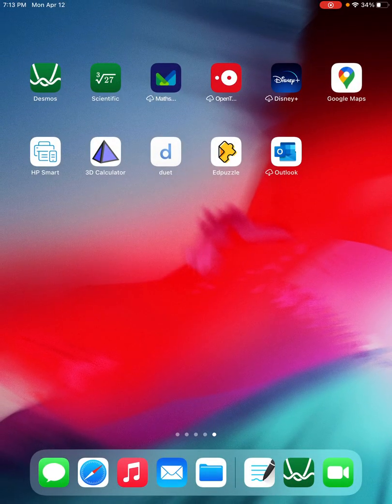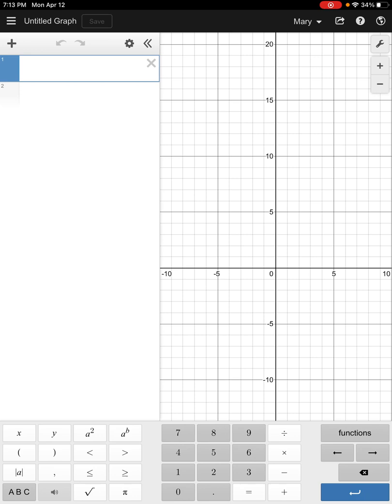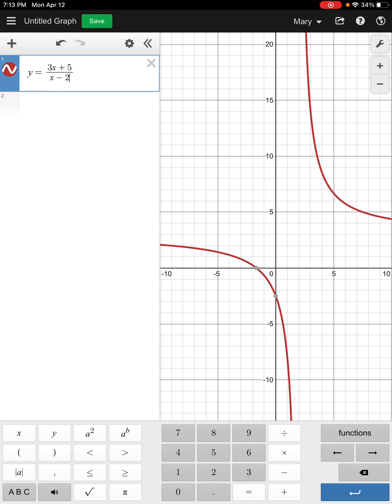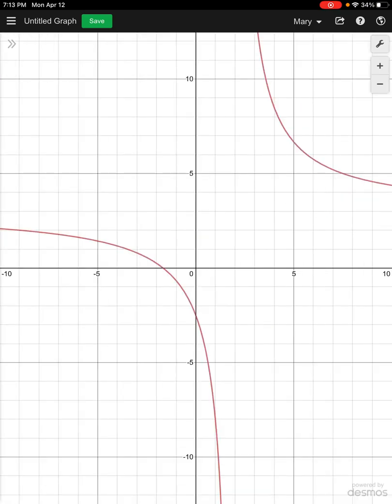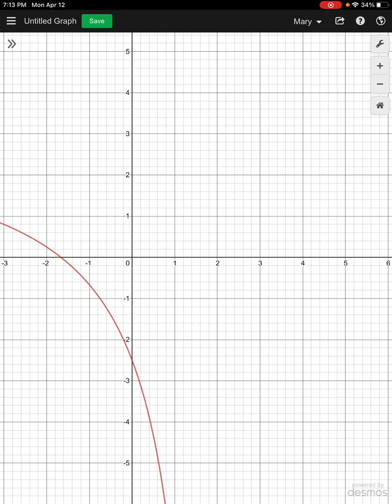3x plus 5 over x minus 2. Right, and so you can zoom in or what have you, but look there, you can see an intercept right there, 0, -2.5.